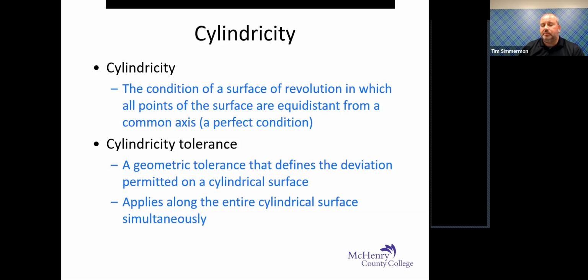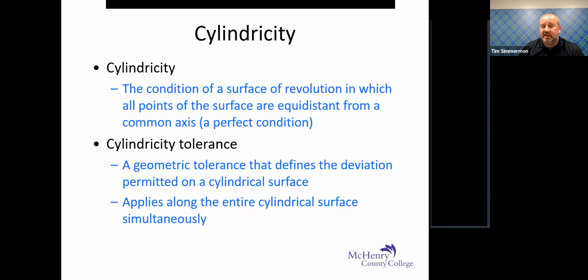Circularity is independent of each other. So you can have features at the top of a part check more out of round than features in the center of the part. When we're talking circularity, they're independent dimensions from each other, where cylindricity applies across the entire part.